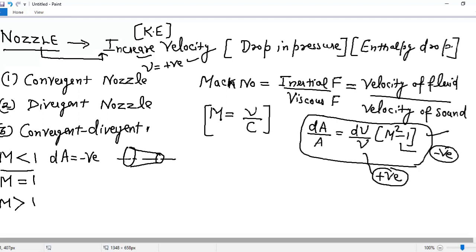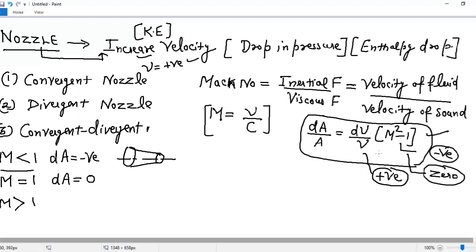Similarly, for the second case, if I say that M is equal to 1, clear? If M is equal to 1, then M square minus 1 over here will be 0. If this entire term is 0, obviously the change in area for this case is going to be 0.